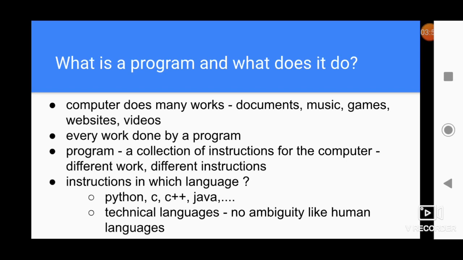Human languages are ambiguous in nature. That means one sentence can have multiple meanings, and the same meaning can be conveyed in multiple different sentences. For example, we may just say open the door, or we may say please open the door, or we may say will you please open the door.